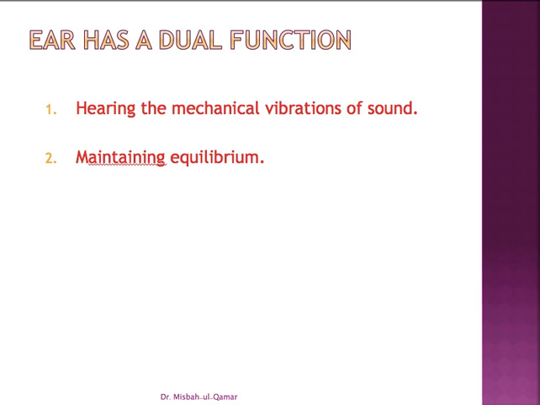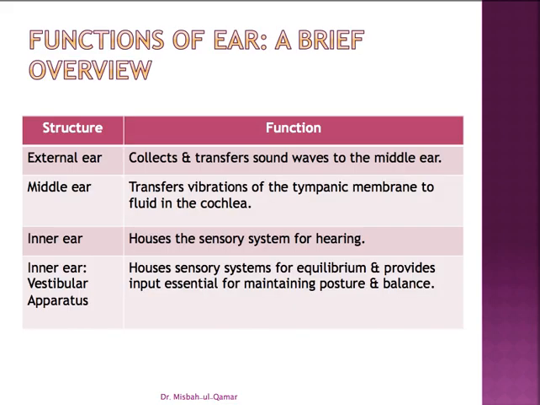Now we will have a look at the functions of ear part wise. External ear collects and transfers the sound waves to the middle ear, while middle ear transfers the vibrations of tympanic membrane to the fluid which is present in the cochlea. Inner ear, which is the main part, houses the sensory system for hearing.